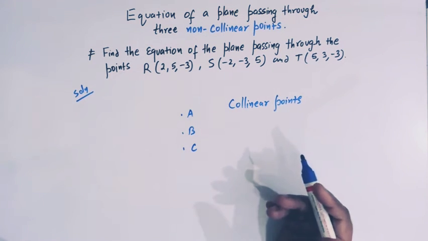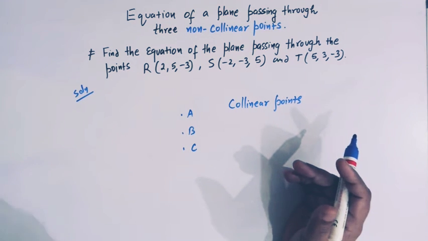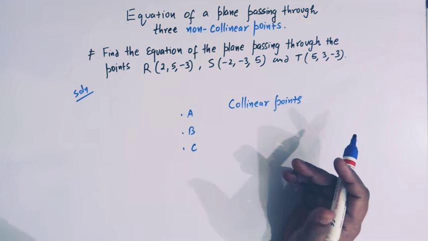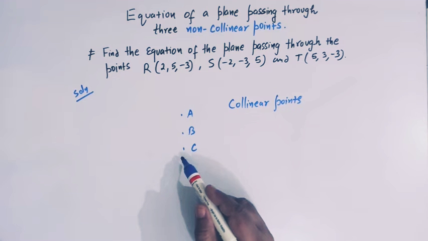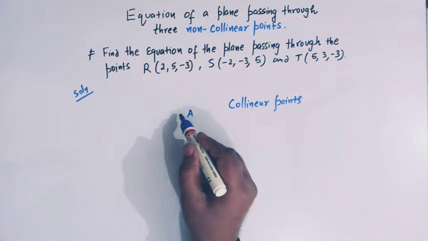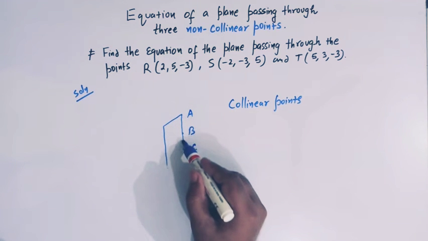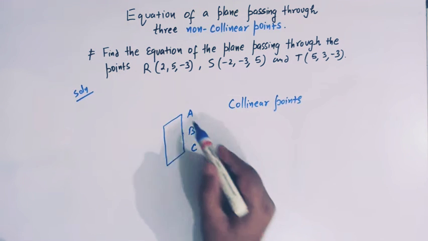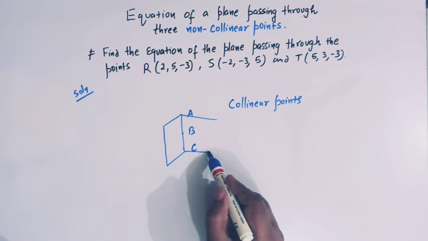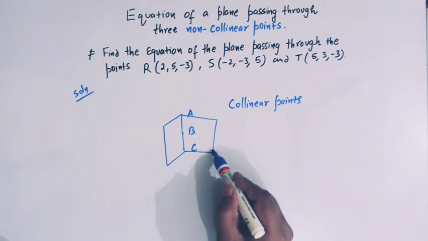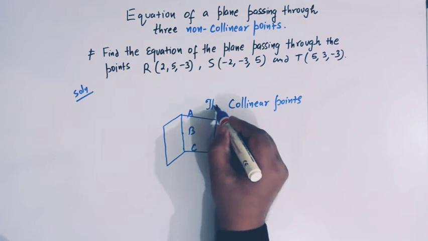It is not possible to find the equation of a unique plane which passes through these 3 collinear points. We conclude that there will be an infinite number of planes passing through three collinear points, right?